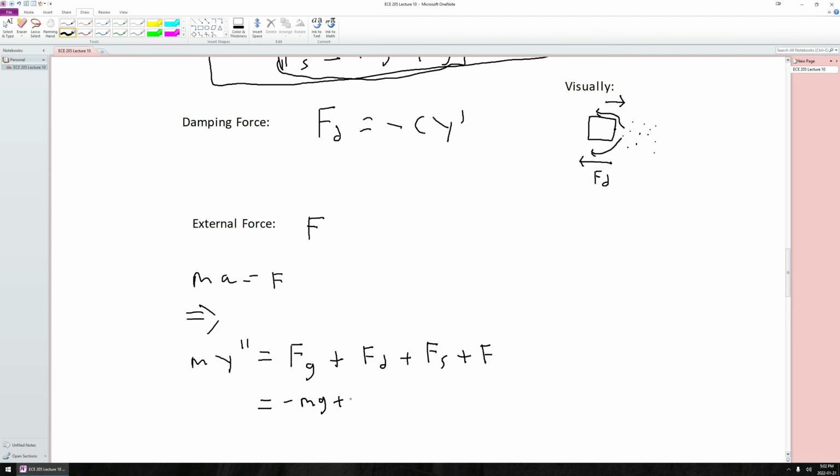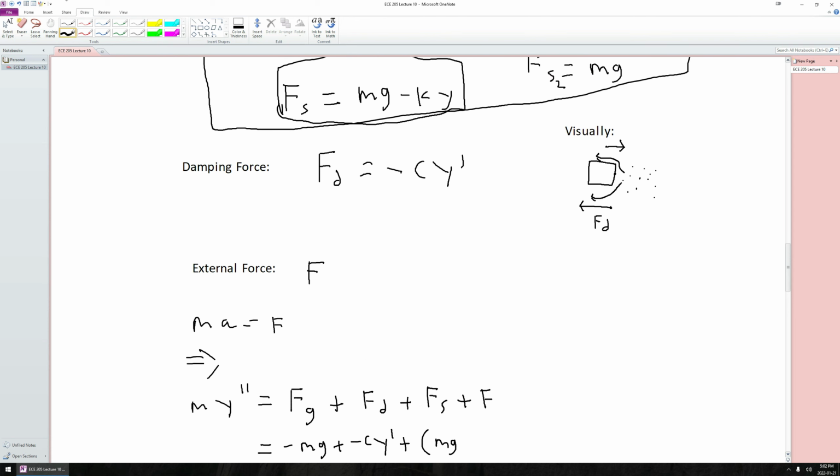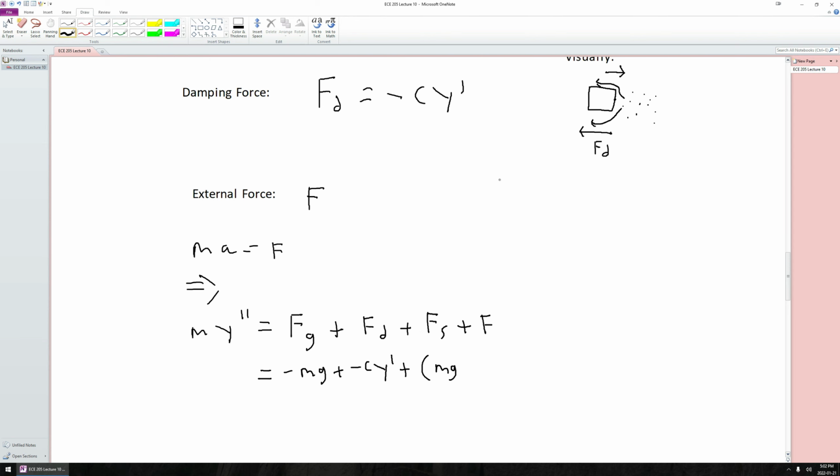The force of dampening is going to be minus cy prime. The force of the spring trying to restore itself had two components, right? It had the first component, plus mg, from the equilibrium length and the balance that we had there, and then we had the second term, minus ky. And finally we have this force F here.